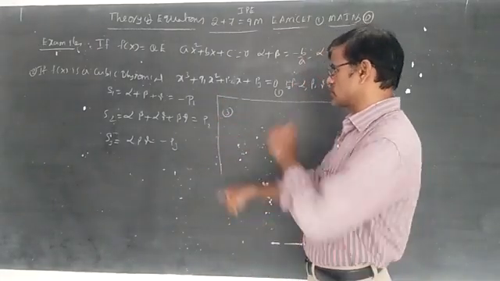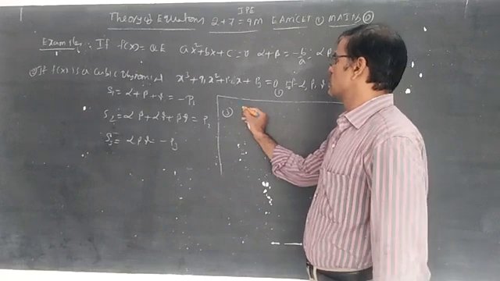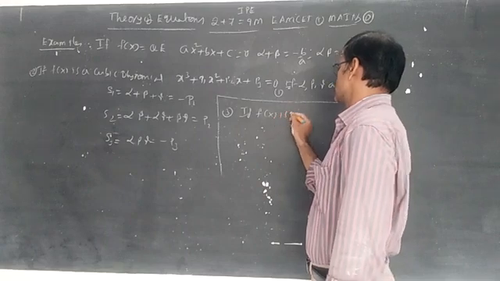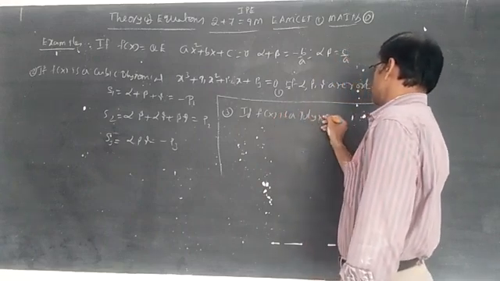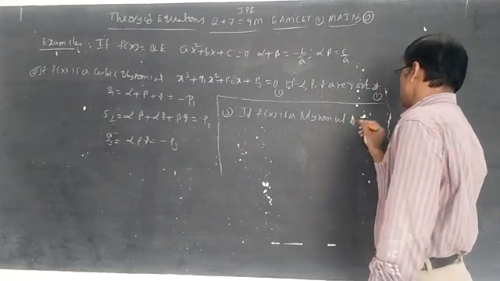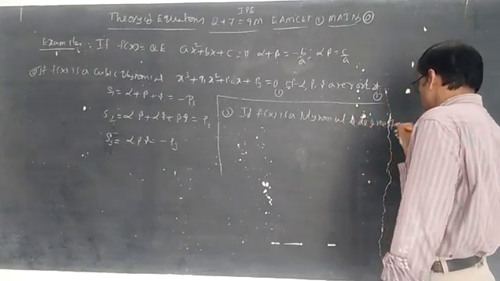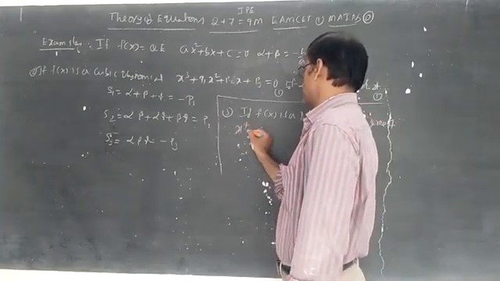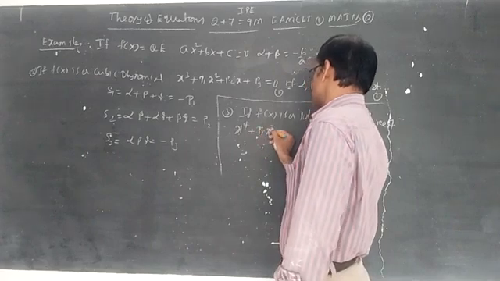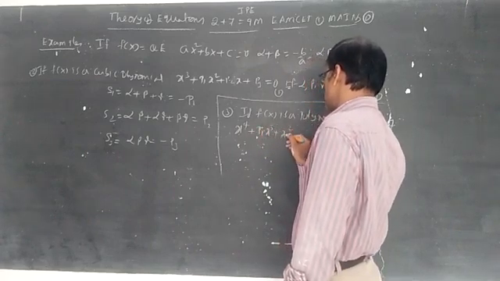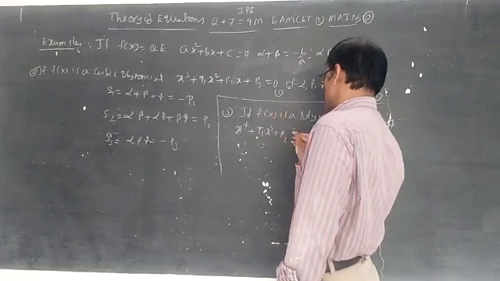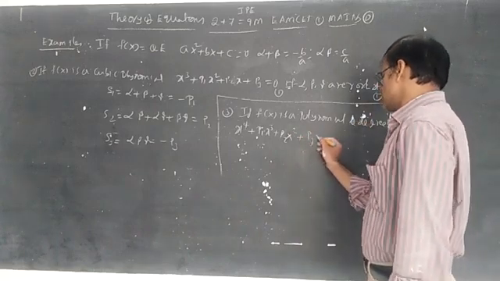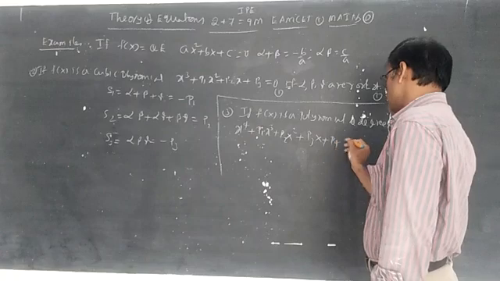Third one, if f of x is a polynomial of degree 4, then I am writing x power 4 plus p1 x cube plus p2 x square plus p3 x plus p4 is equal to 0.